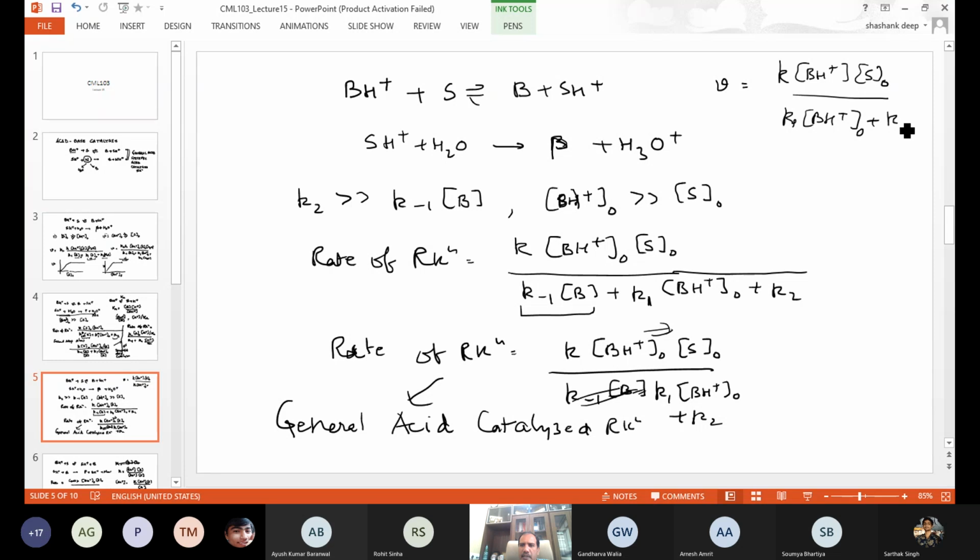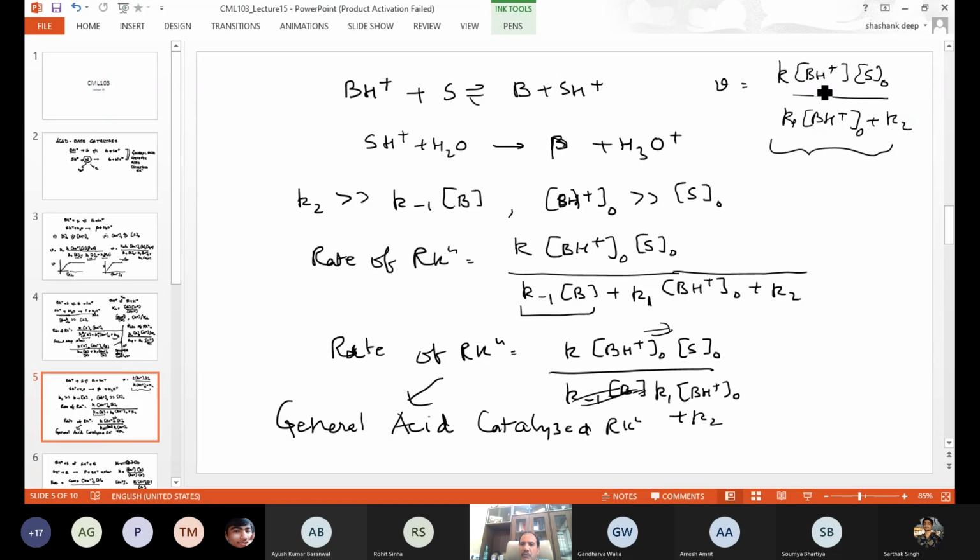K2 is quite greater than K minus 1B. So at a low concentration of BH plus naught, this cancels out. In that case, your rate of reaction is first order with respect to BH plus concentration. Keep this in mind.